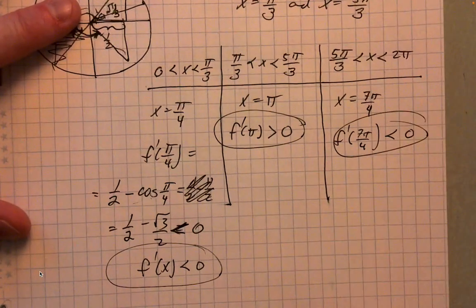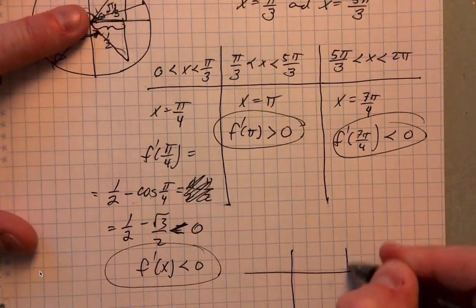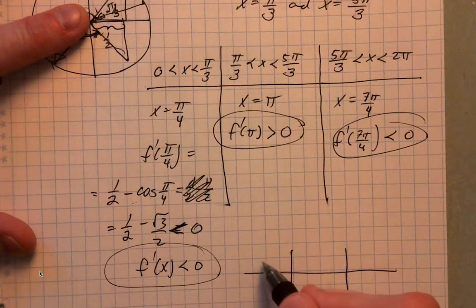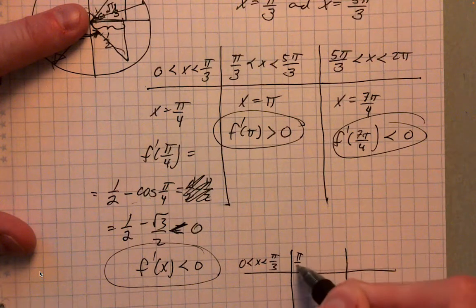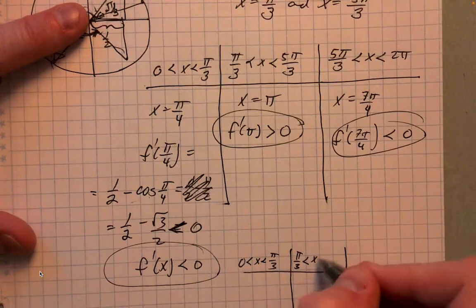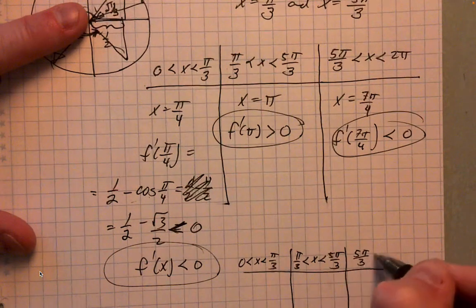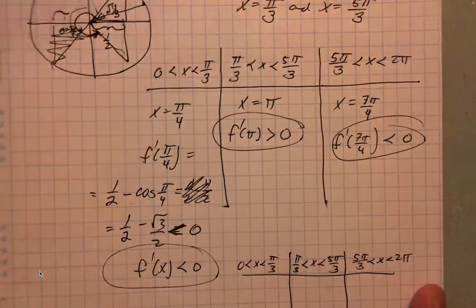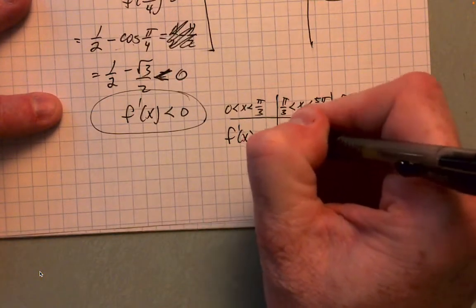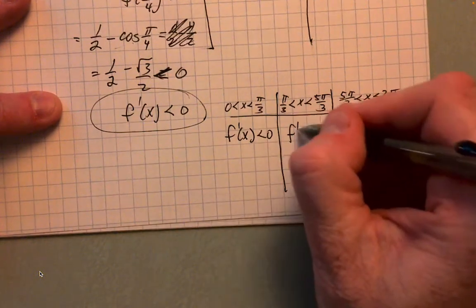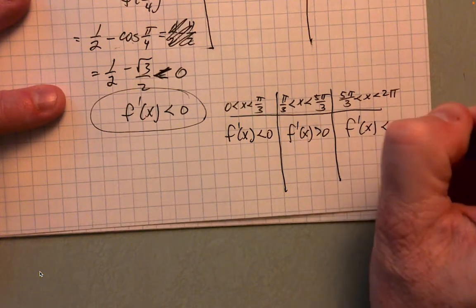Okay, and so let's think about this interval here. So 0 less than x less than pi over 3, pi over 3 less than x less than 5 pi over 3, and 5 pi over 3 less than x less than 2 pi. Okay, so in those three intervals, here the derivative is less than 0, here the derivative is greater than 0, and here the derivative is also less than 0.